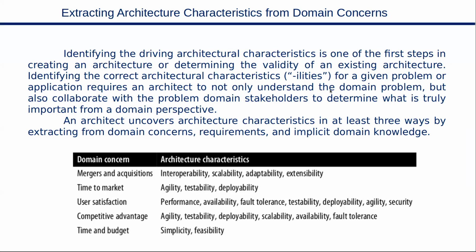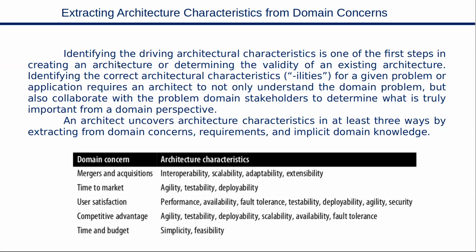Another point is how you will extract these architectural characteristics from your domain, how you will understand, as a person who will design the system, which one you have to concentrate on.